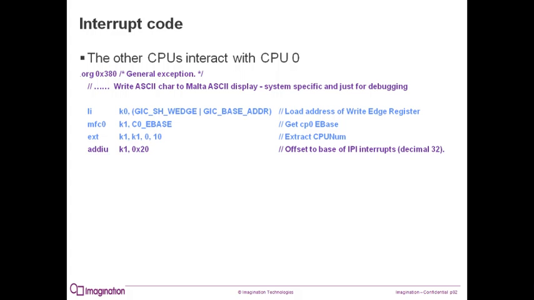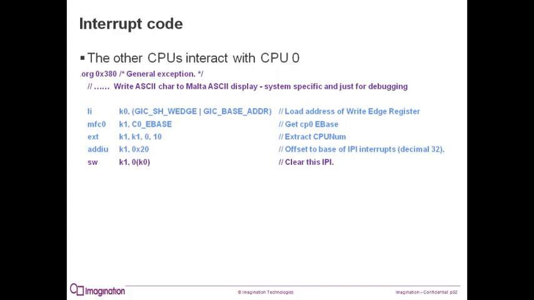Again, recall that interrupts 32 through 39 correspond to processors 0 through 8, so the code uses 32, or hex 20, as the base number for the interrupt and adds it to the CPU number to get the correct IPI number for this processor. Next, the code writes the interrupt number to the write edge register to clear the interrupt.